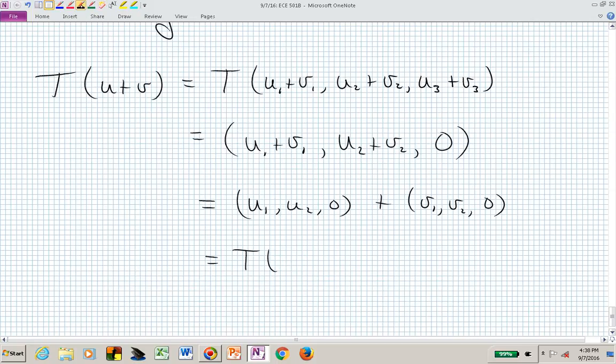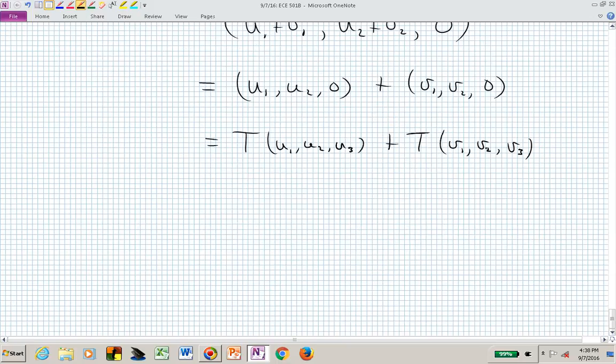That's the same as T of (u1, u2, u3) plus T of (v1, v2, v3). That's from the definition of that projection. Or that's T of u plus T of v, and that's what we set out to show for additivity, that T of u plus v is equal to T of u plus T of v.